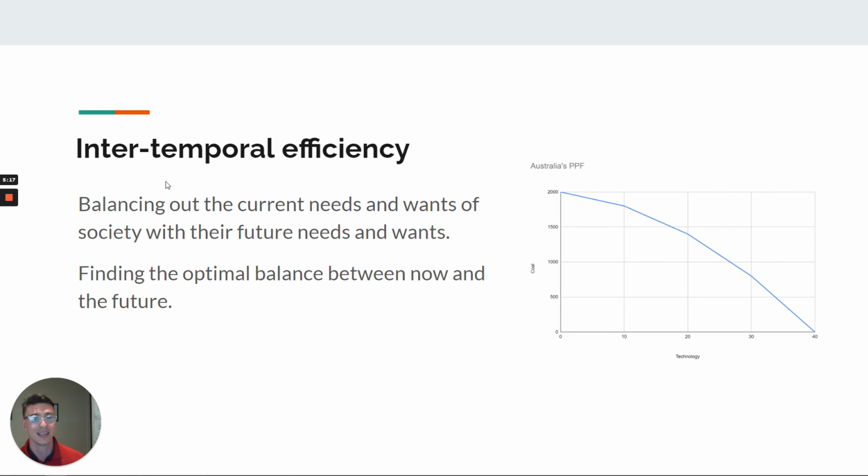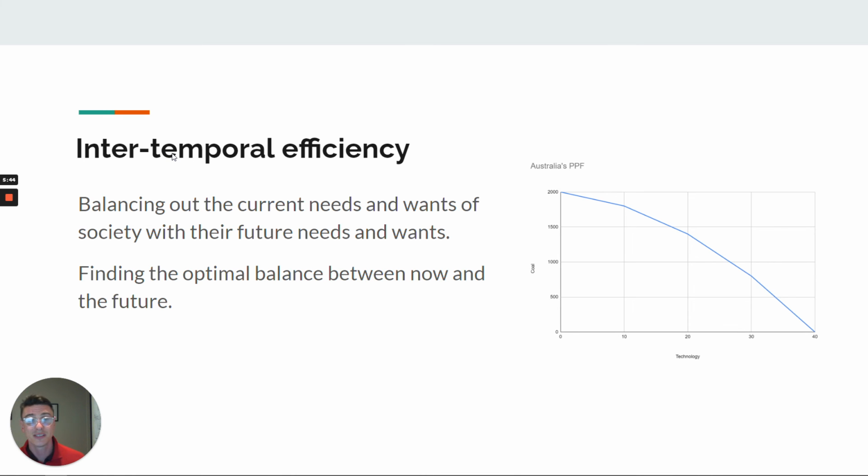Okay, and finally, intertemporal efficiency refers to balancing our current needs and wants as a society with our future needs and wants. And you can really think about the efficiencies as being conflicting. So intertemporal efficiency might be conflicting with allocative and productive and dynamic efficiency, because it's hard to produce the maximum now and also balance out what you need in the future.